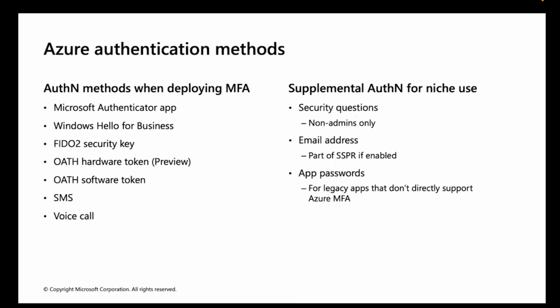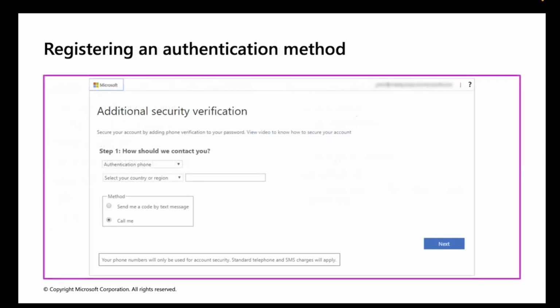Now, moving to the next. This is a kind of registration page for a user. If a user is enrolled for MFA, and the admin is informing that we have enrolled you for MFA, please configure your MFA settings, your MFA registration. The user will see this kind of page when he goes for first login, or when you are going to configure or complete these registration options.